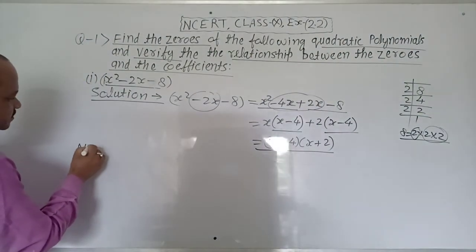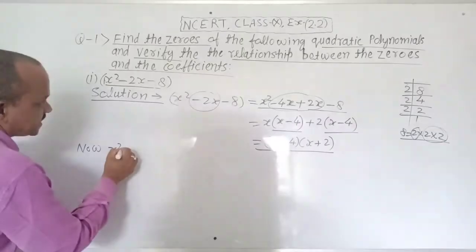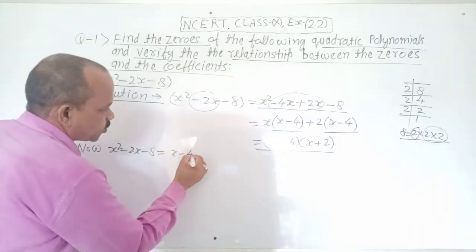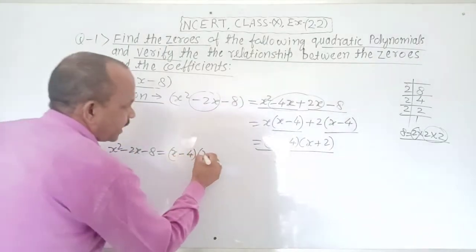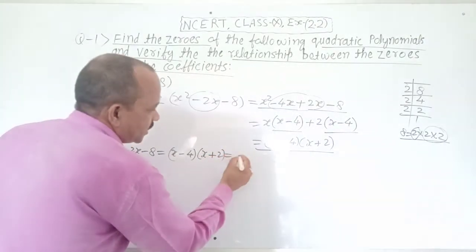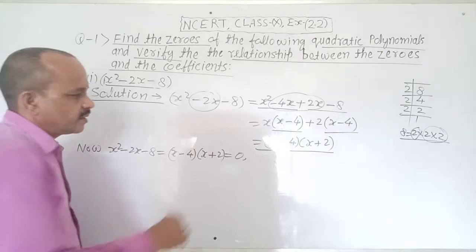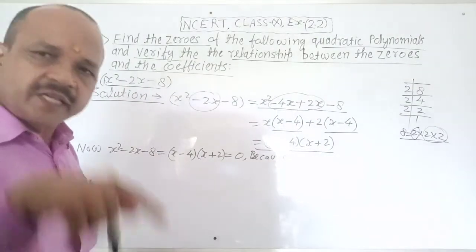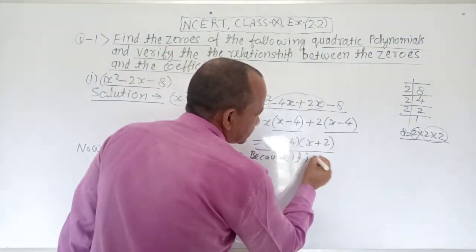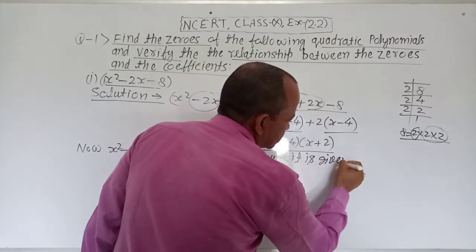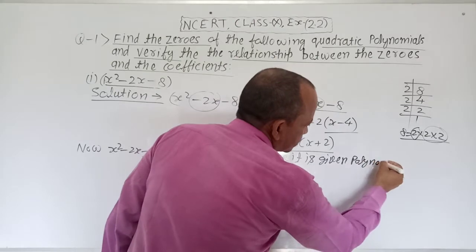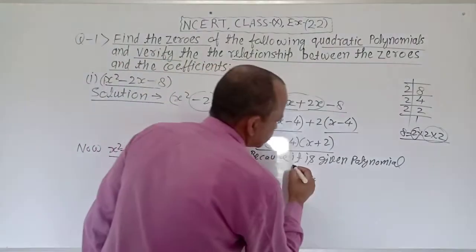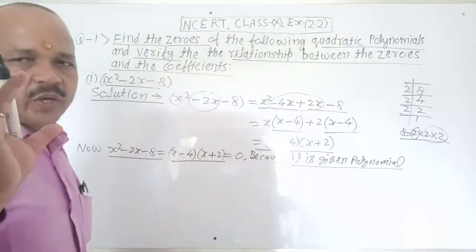Now x square minus 2x minus 8 equals x minus 4 in first brackets, x plus 2 in second brackets, equal to 0, because it is the given polynomial. Is it clear? No confusion about it?